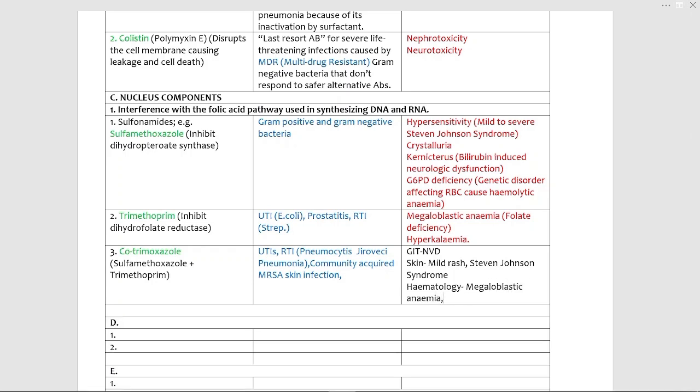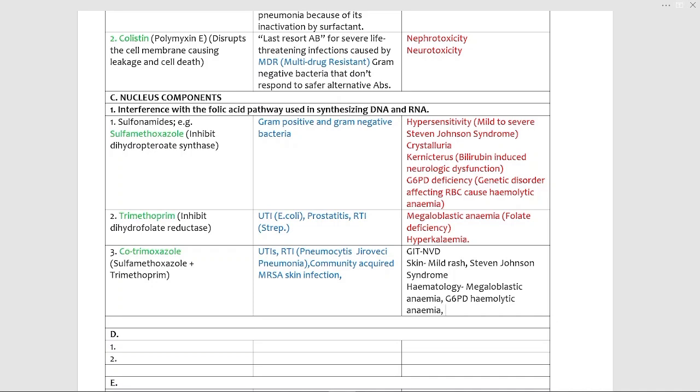It may also cause hemolytic anemia, because it causes G6PD, or glucose 6 phosphate dehydrogenase, deficiency, causing hemolytic anemia. And it also causes bone marrow suppression.